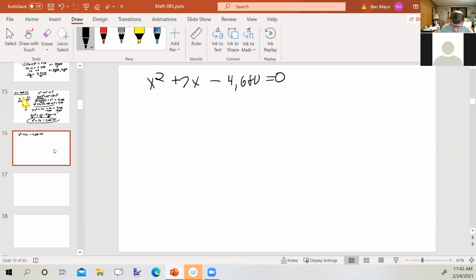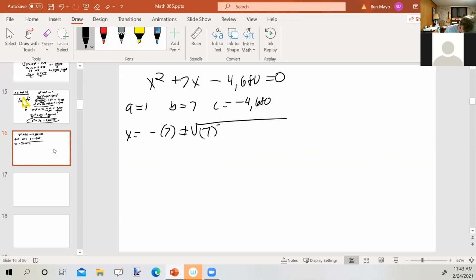Okay. So a is 1, b is 7, c is negative 4,680. X equals negative b plus or minus the square root of b squared minus 4ac all over 2a.